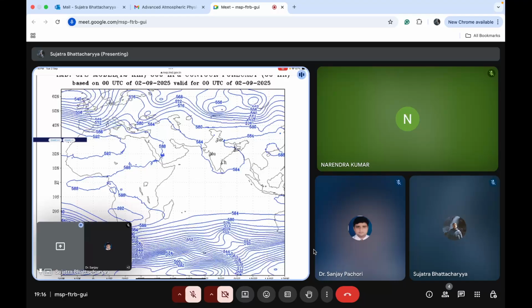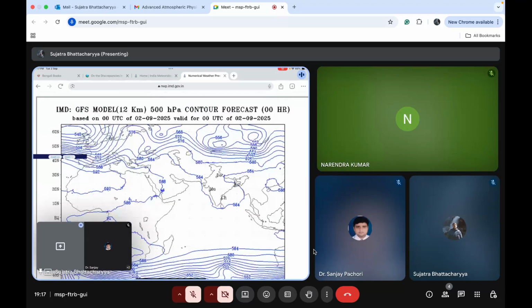So multiply by 10, you will get the height. I'm sorry, this is not the geopotential, this is the geopotential height. But if you multiply by g, that becomes the geopotential. So these are the delta phi delta x. See, there is a gradient in phi. Delta phi delta x, delta phi delta y, etc. Understood? So this is a constant pressure surface.